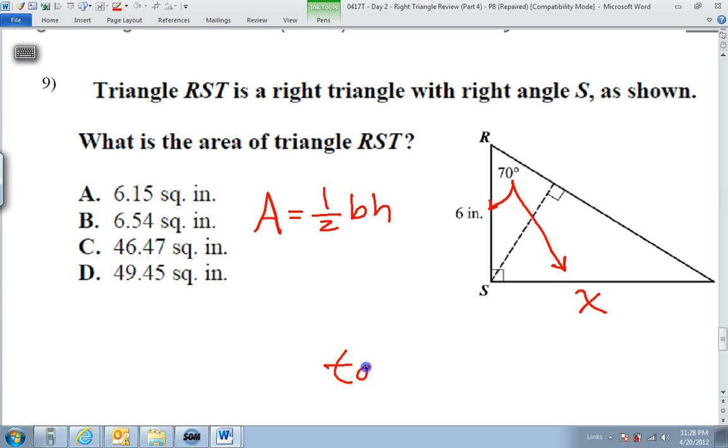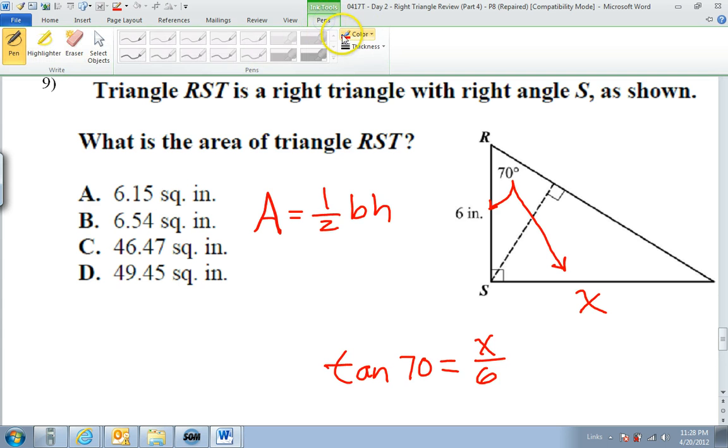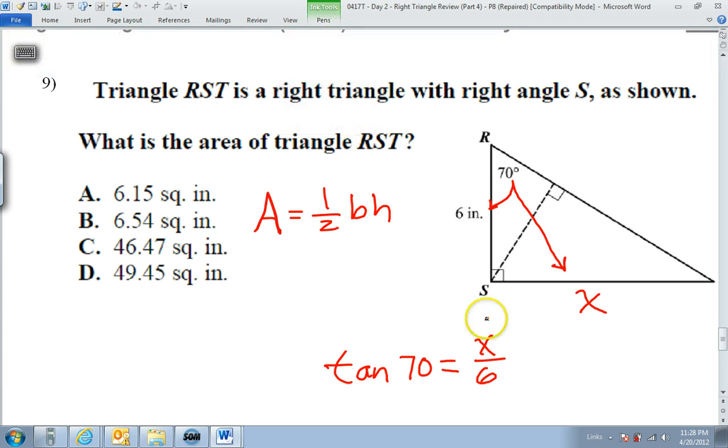So we're going to say tangent of 70 is equal to opposite over adjacent. So x over 6. How am I going to get x by itself? I am going to multiply both sides by 6 like this. That way these 6's cancel each other out.